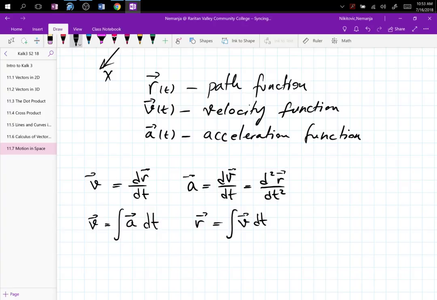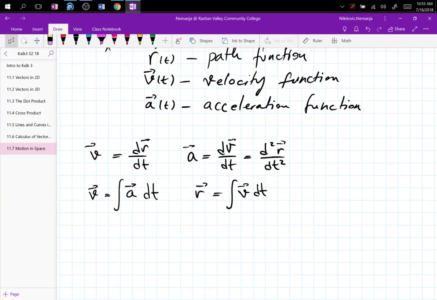So everything that we learned, now we've seen the vector valued function last time, and we know that we can integrate and differentiate each one of these components in a vector separately. So technically we are working on independent Calc 1, either derivatives or integrals. They're all independent. And then we can find a vector c, the constant vector, if we have some kind of initial position. So that was an example that we did last time.